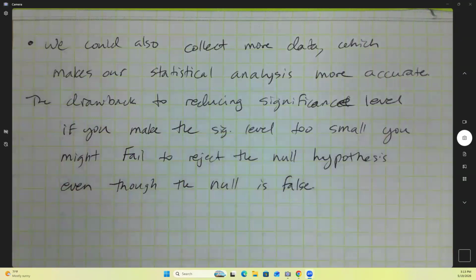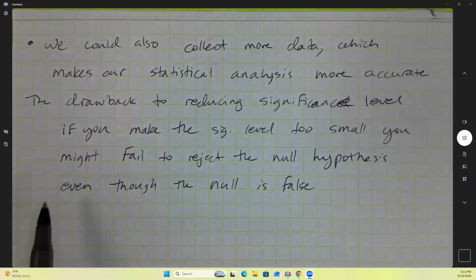Right? If I pick a really small significance level, I might find only 200 spines on average. But my significance level was so small that's still not enough to reject. But anybody can tell you if it used to be 250 and now it's 200, that's definitely changed.